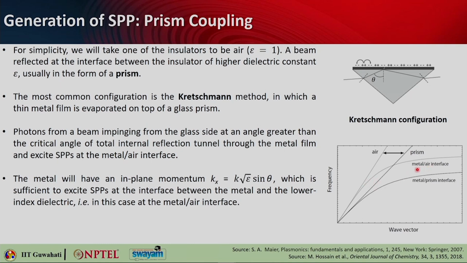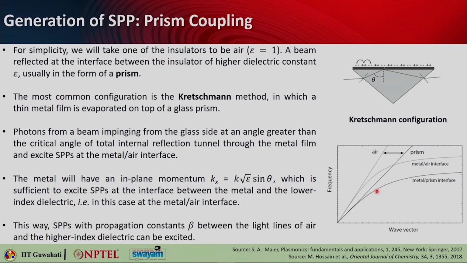So, which one is possible? Metal air interface is possible. What about metal prism interface? Because there is another metal dielectric interface, this one. There is no way you are able to match the momentum of the photon to this one. So, exciting plasmons on the metal prism interface is not possible, okay, as simple as that. Fine.